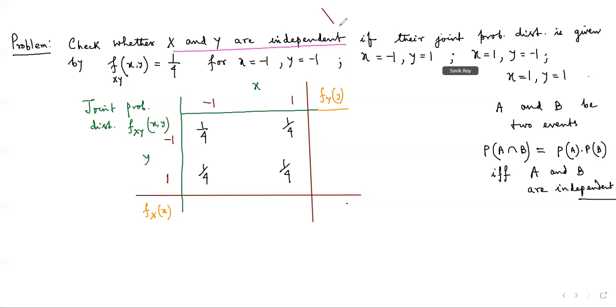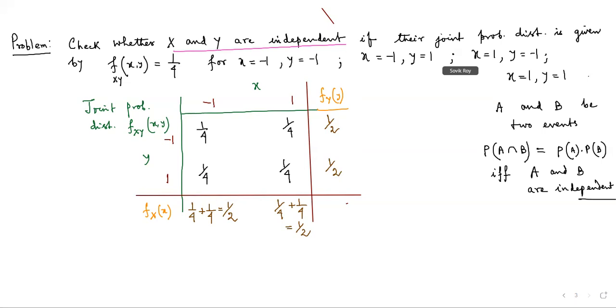Okay, I have already explained this. So this would be 1/4 plus 1/4, which is half. And here it is also 1/4 plus 1/4, that is half. Column wise, I'm saying. And row wise, we'll get the marginal probabilities of y. So that would be half and that would be half similarly.